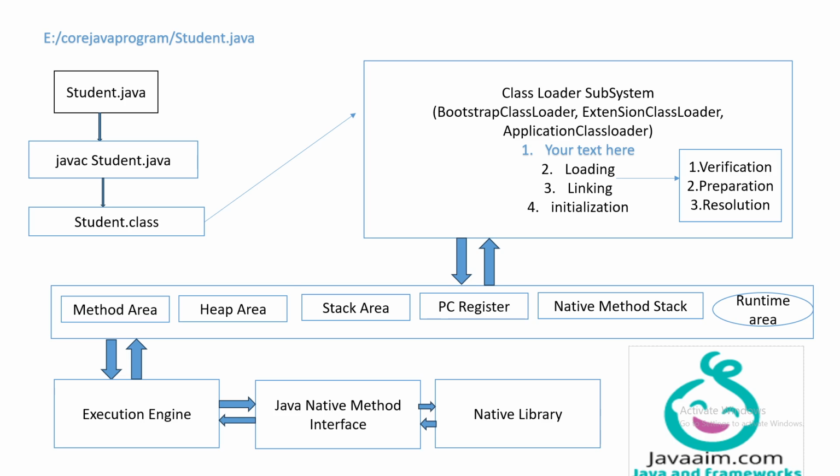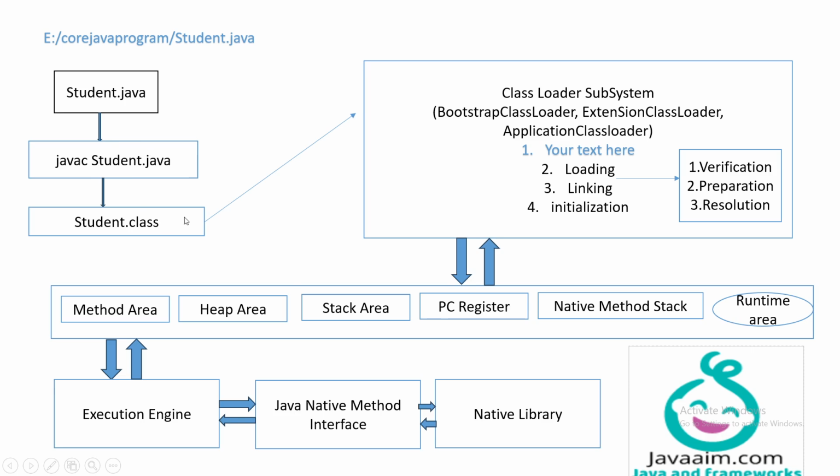Those things it will check. If it finds the entire .java file syntactically correct, then it will generate a .class file, which is nothing but bytecode. So the compiler's role is to check whether the given .java file is syntactically correct, and if it is, generate a .class file containing the bytecode related to the source code written in the .java file. Clear?